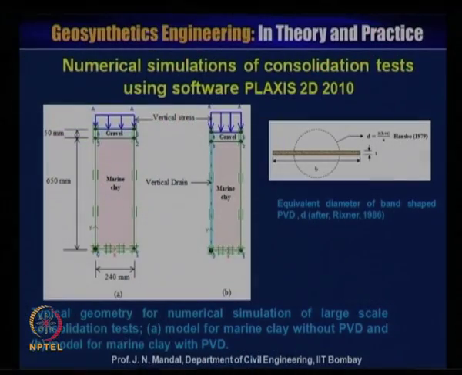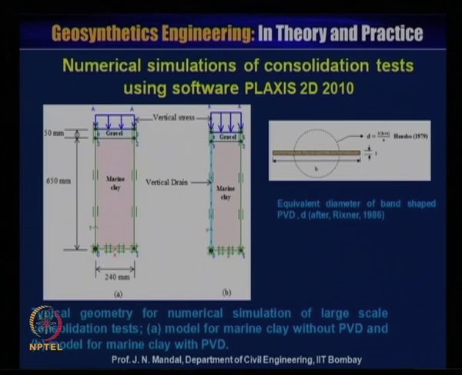For example, if we find that the width of the prefabricated vertical drain is 100 millimeter and the thickness of the prefabricated vertical drain is 5 millimeter, then we can substitute these values. That is 2 into 100 plus 5, divided by pi.